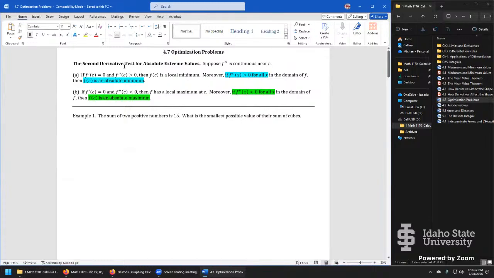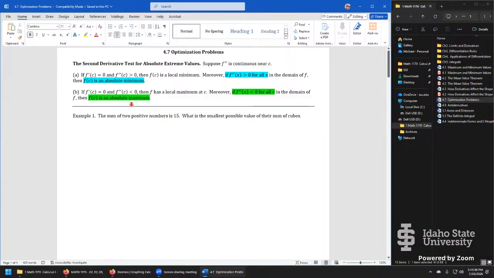So we're going to start off with the second derivative test. This is one of the tests that we used last in section 4.3. Then take a look into the first derivative test. But look at what we're trying to achieve here. We're going for an absolute minimum and an absolute maximum.